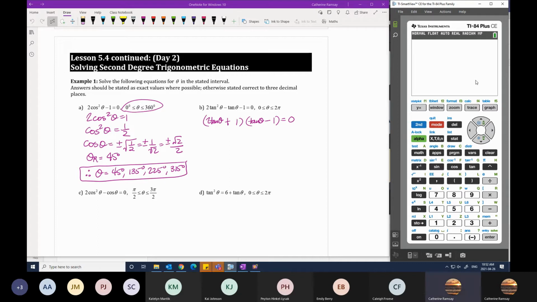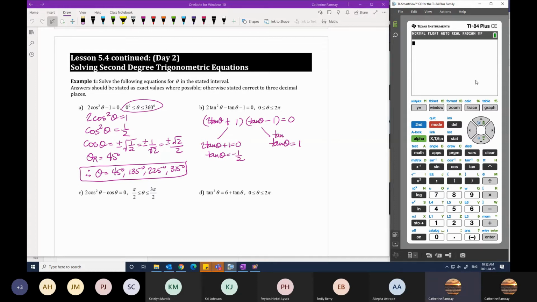Just remembering that once I factor, the reason why solving by factoring works is the fact that the product is equal to 0, which means each individual factor is equal to 0. So 2 tan theta plus 1 equals 0, which means tan theta is equal to negative 1/2, and tan theta is equal to 1, right?